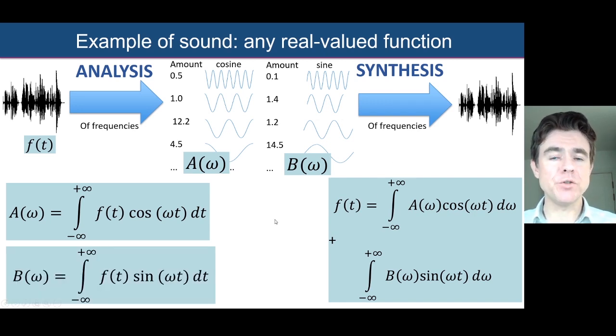And the argument should be straightforward to follow from the previous slides, that just like for the cosine component, we can find A of omega just by doing this product and integration. Likewise, we can find the amount B of sine omega t just by multiplying sine omega t by the function and integrating. Beautifully simple, because sine and cosine are orthogonal functions. Okay, and then also we'll not forget to put in that scale factor multiplying by 1 over 2 pi.